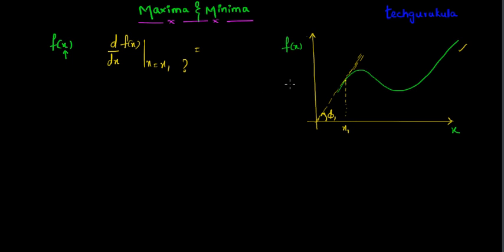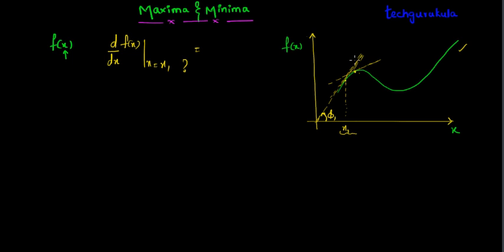So that is nothing but the differentiation of this function at x equals x1. Having said that, in this particular region where the curve is increasing, if you look at this tangential line, the slope is positive. Suppose you take a point here and draw a tangential line again; it will be something like this.